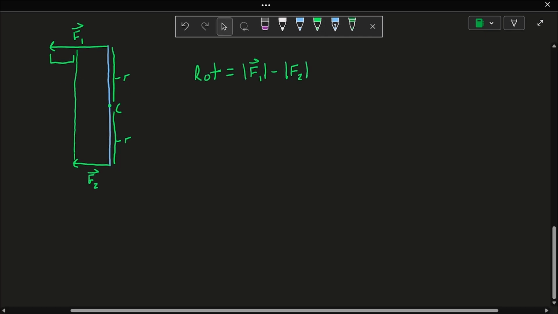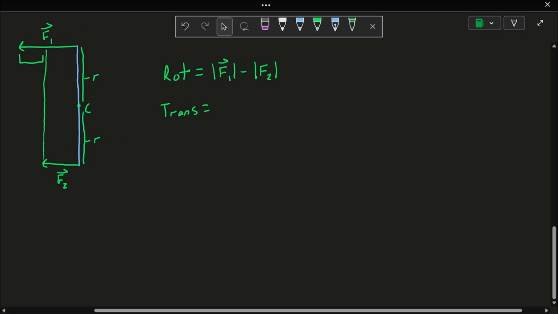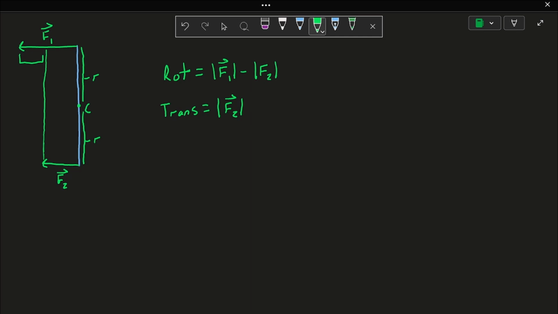Now our translational component, we'll call this trans, equals this distance. Well, I shouldn't really say this distance, but a vector with that magnitude in the same direction. So that distance is just the magnitude of F2. So that's just kind of a little outlier case.